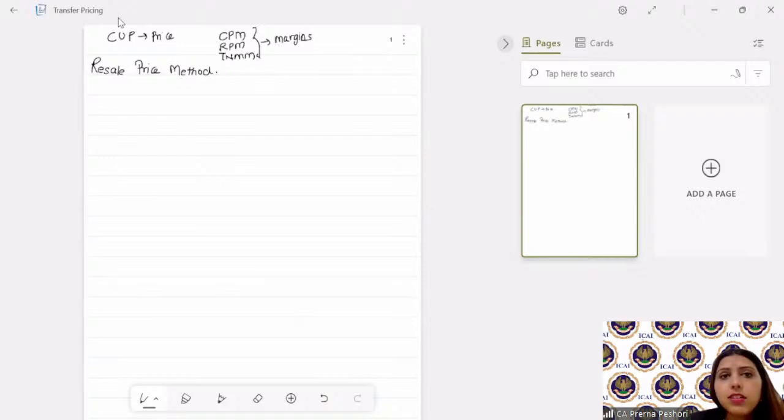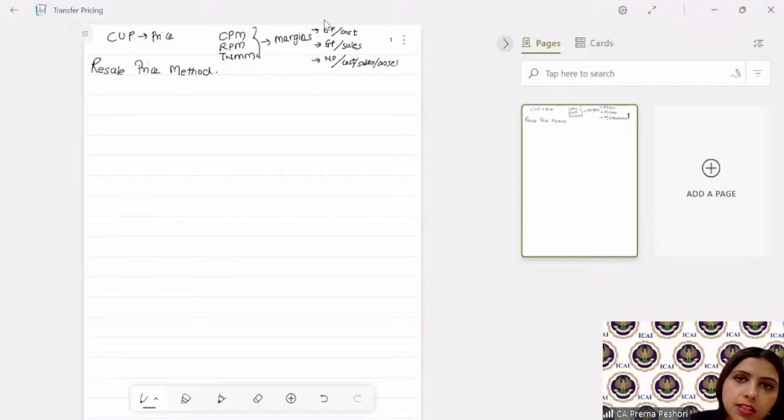In that, your CPM method compares the GP to the cost. RPM compares GP to the sales. And TNMM compares the net profit to the cost or sales or assets. So there are different indicators because TNMM is the residuary method. Are we clear? So let's talk about the resale price method.